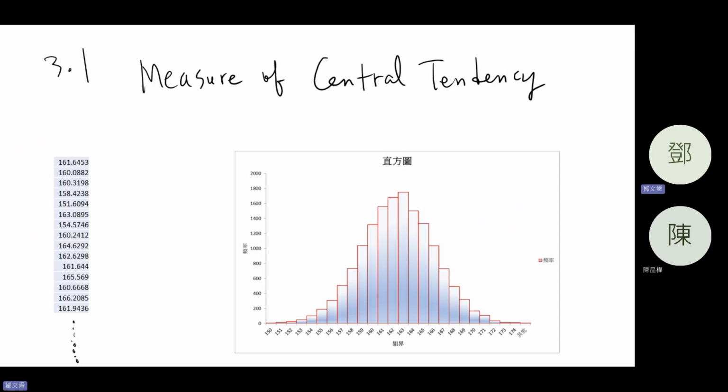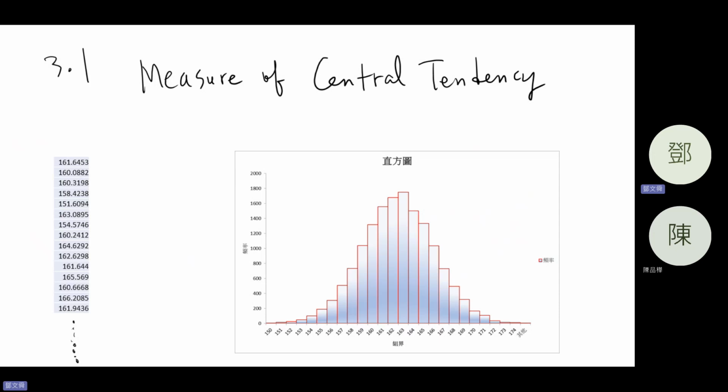So 162. And how many girl students' heights are there in the column? 20,000, which is too many to get any idea from this column. So we condense the data by the histogram. And how many bins?